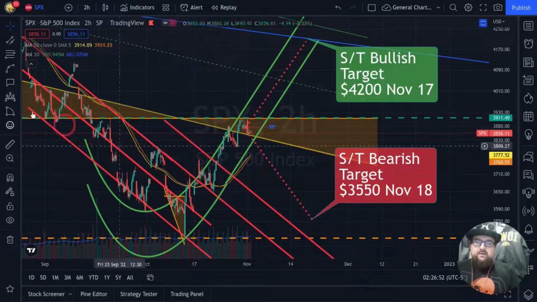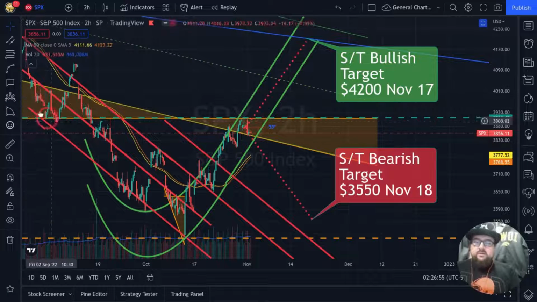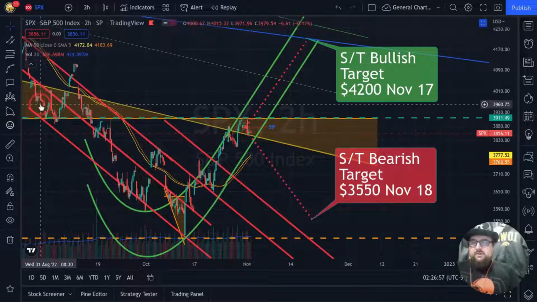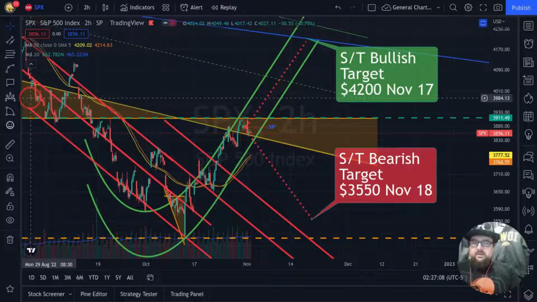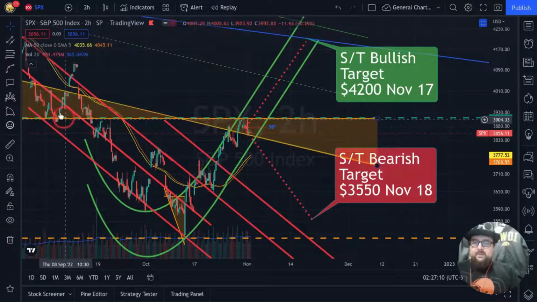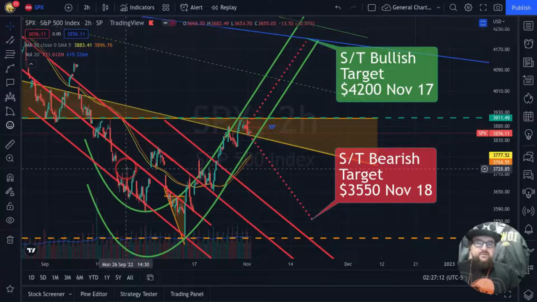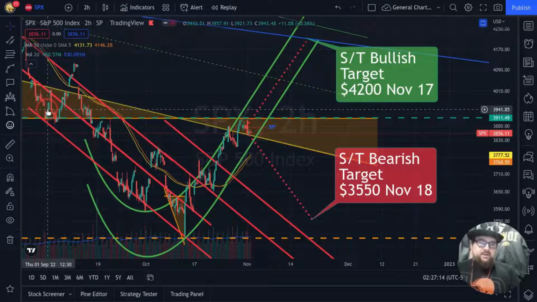We have these red lines going from top left to bottom right. What that means is there was a channel established back around the end of August on this graph, and as you can see, things have been sliding downwards ever since. But they don't just go up and down in a straight line.